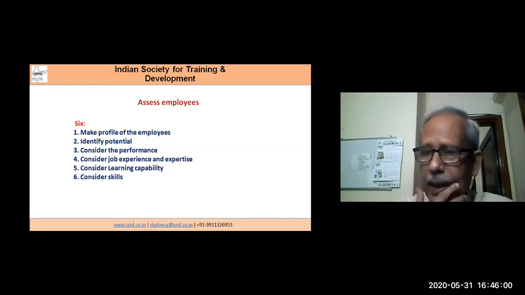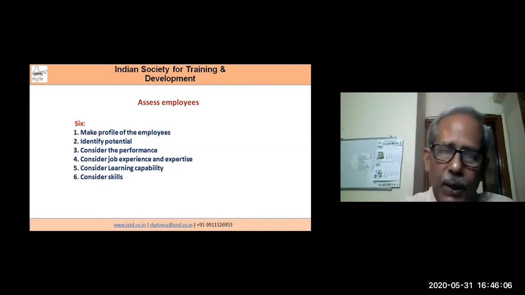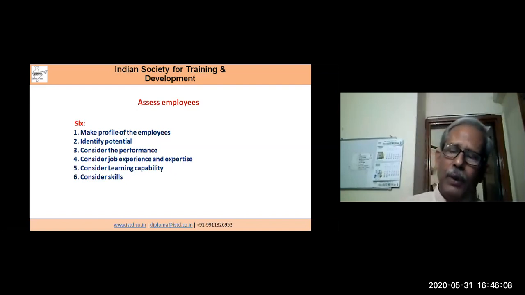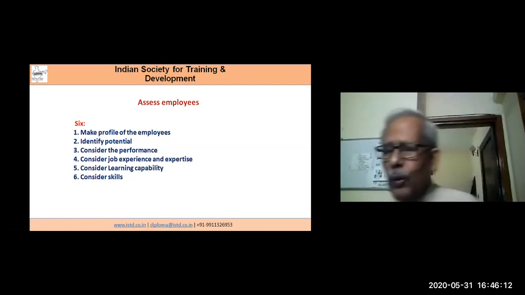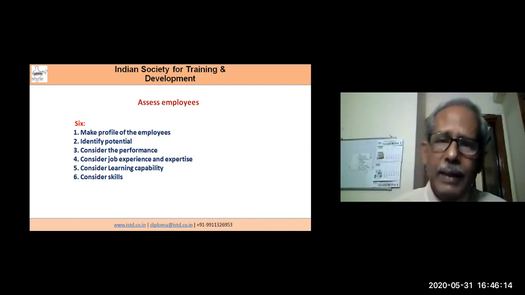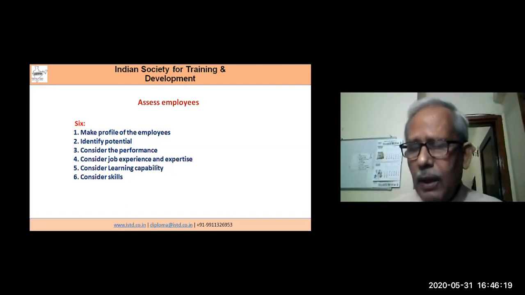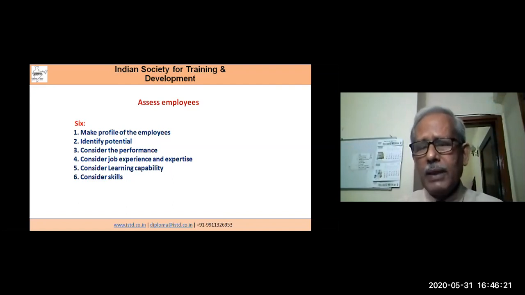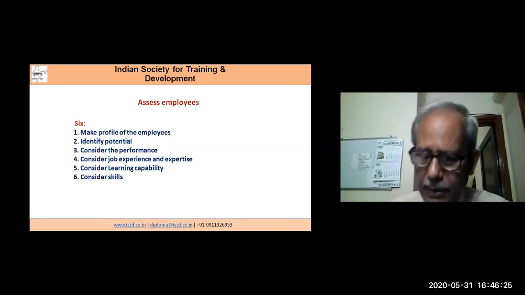So, what is the capability to learn things quickly, and what are the existing skills? Making a profile of the employees will help us find out who is suitable for what kind of talent needs in the organization. So by profiling, by identifying his potential, by seeing his performance, his experience and expertise, his learning capability and his skills.